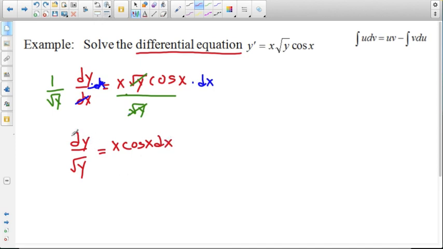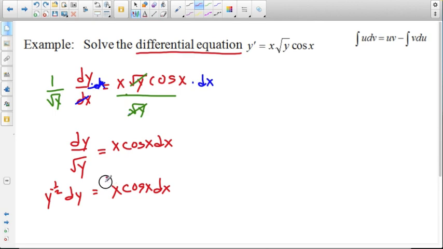And although the left-hand side here doesn't require integration by parts, the right-hand side does. So what we're looking at is integrating y to the minus half power, x times cosine x dx.